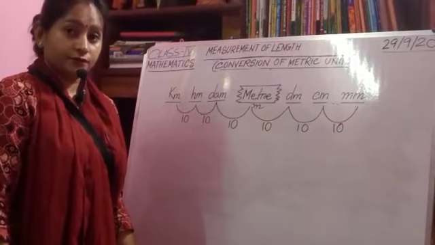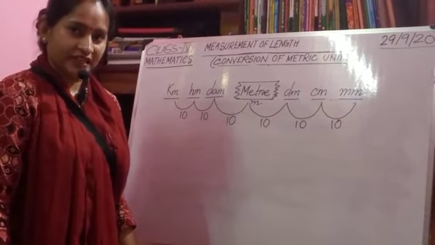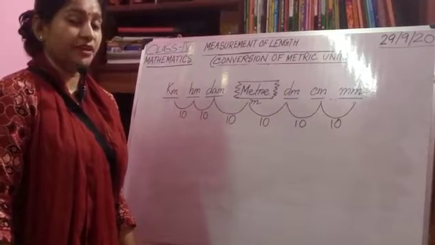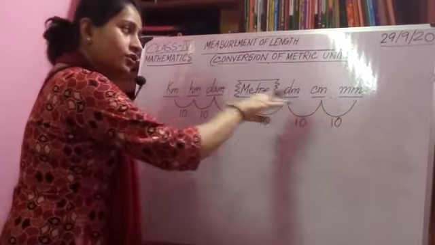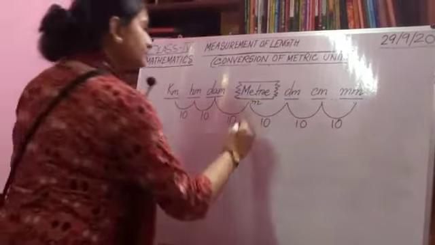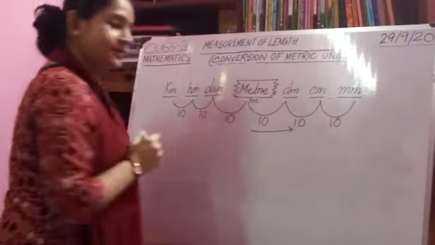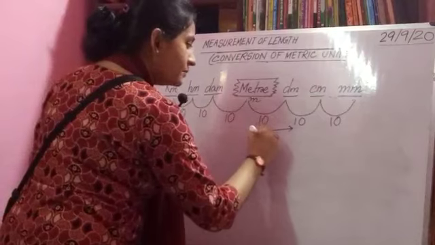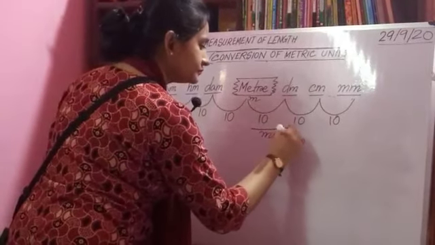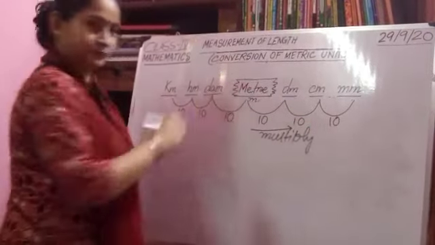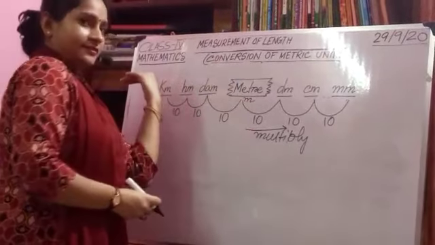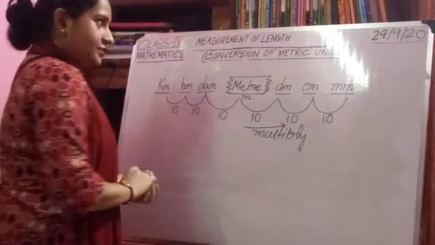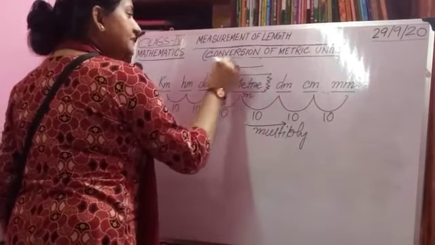Now, for conversion of the units of length, you have to keep one thing in mind. When you are going right hand side of this scale, that means this side, you have to multiply. And when you are going left hand side of this scale, you have to divide.